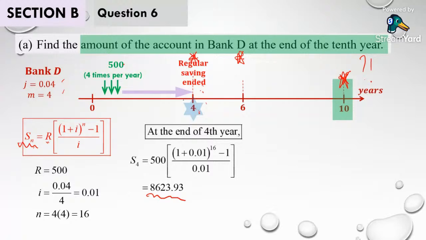So the amount here is supposed to be 8628.93. Yes, the same amount that I get in my answer scheme, but in my typing, I have the wrong answer here. This is the correct answer, I suppose.